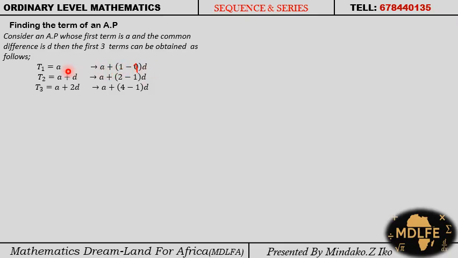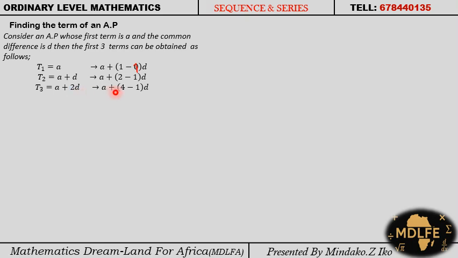So in an AP, the first term T1 is a, and the second term T2 is a plus d. How? Because we have a plus 2 minus 1, where 2 is our n, according to the general term. Then the third term is a plus 2d.